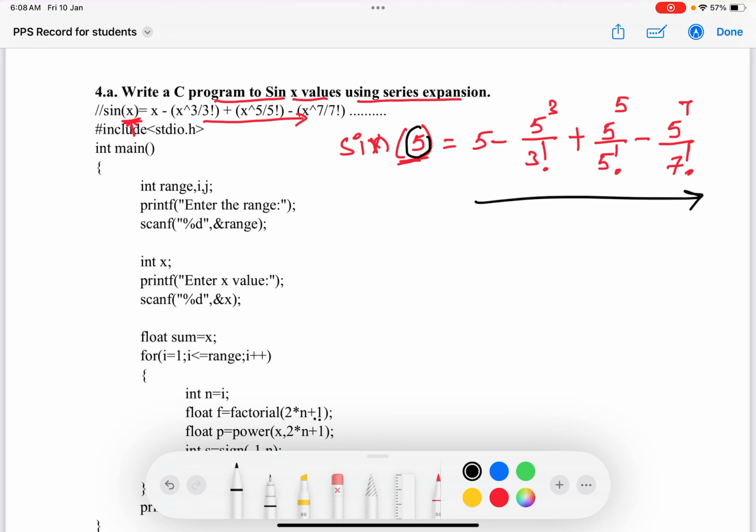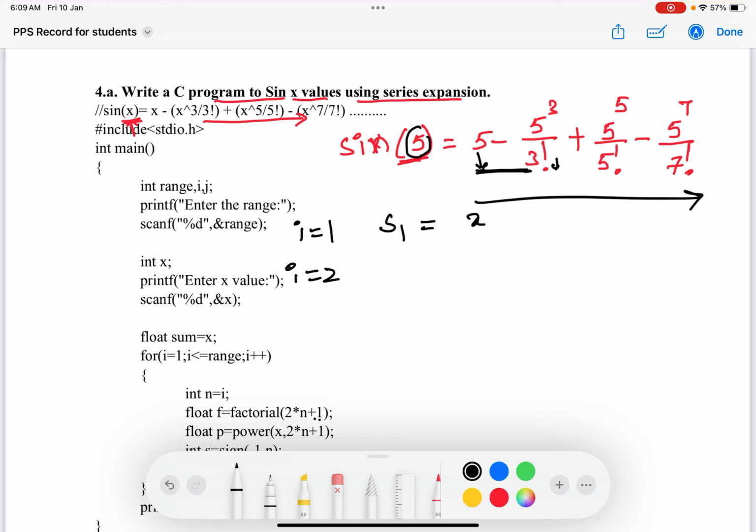Let's see, if i is equal to 1, the first term, S1 is equal to x. Now i is equal to 2, that means S2 consists of two terms, this term and this term.